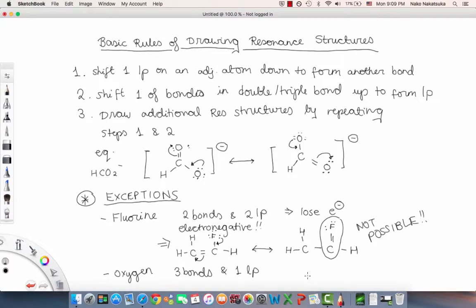As an example, I can squish one in right here. If I have this structure, you would initially think, okay, I can shift the lone pair right here to this bond, and then I can move up this bond and create a single bond. And you would go ahead and draw the resonance structure, which would look like this.